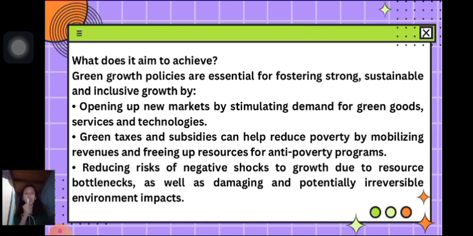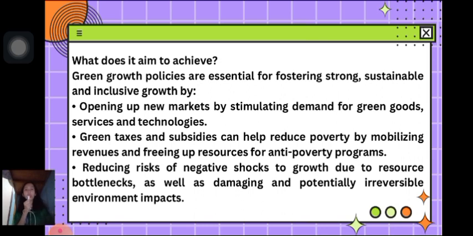So the second one is that green taxes and subsidies can help reduce poverty by mobilizing revenues and freeing up resources for anti-poverty programs. So subsidies can help students or the poor or the unfortunate to rise up again, and that is what green growth aims to achieve.